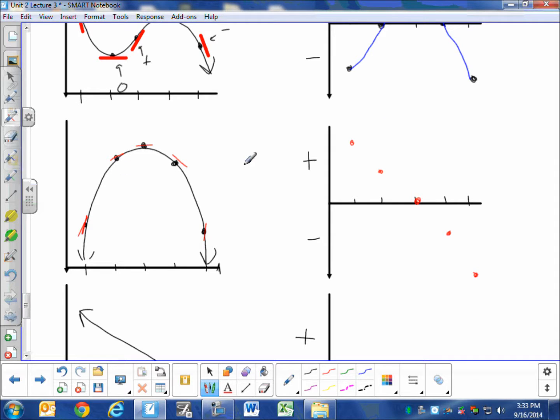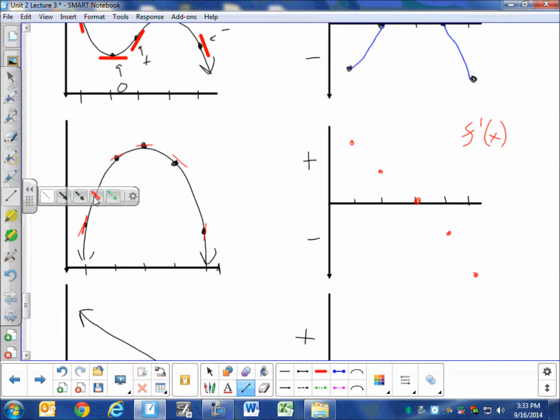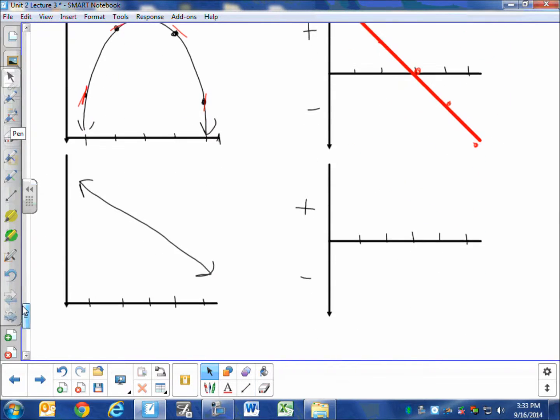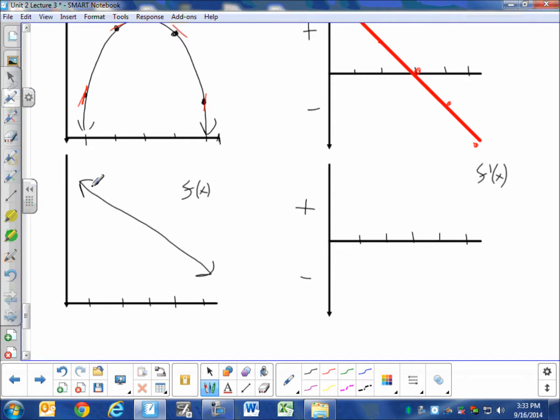Which is interesting. We have a tangent slope function, or this f prime function, to be a straight line. And let's look at this. This is f. This will be my tangent slope function, f prime.